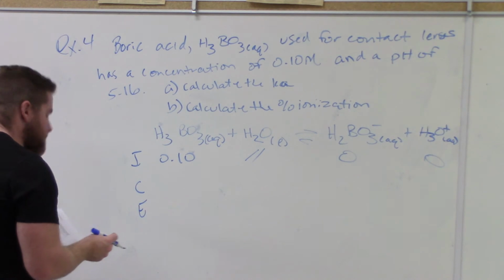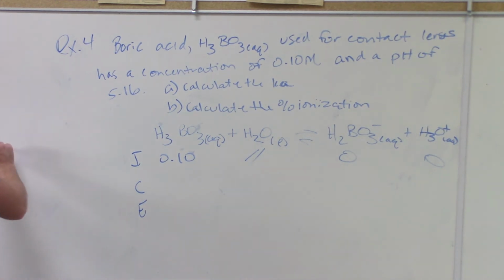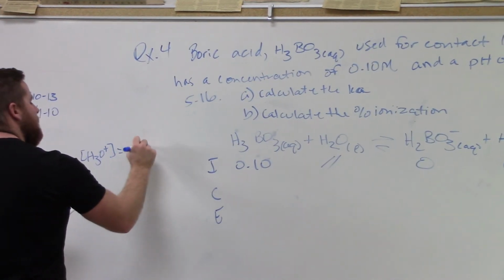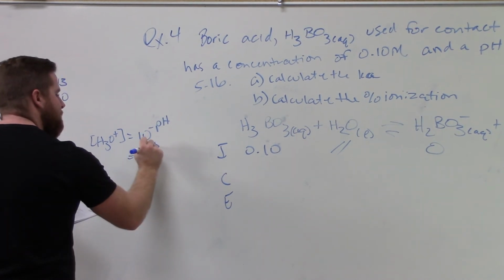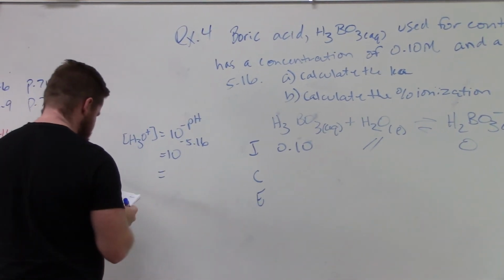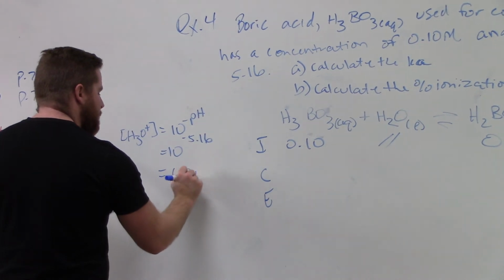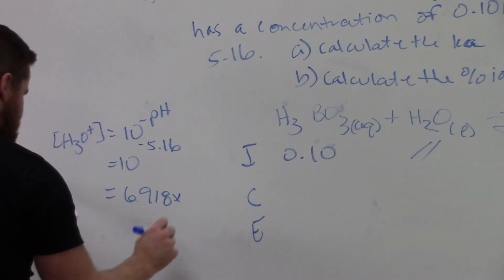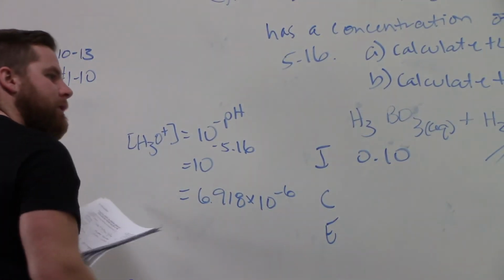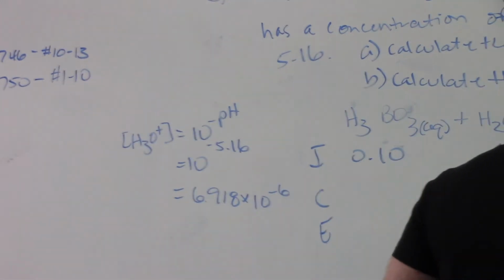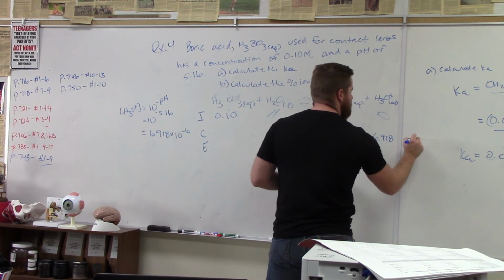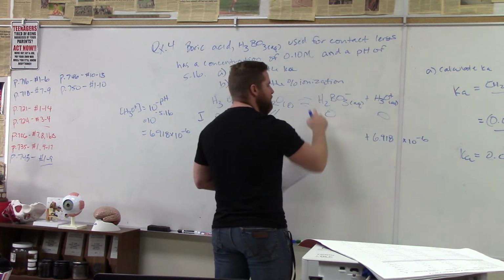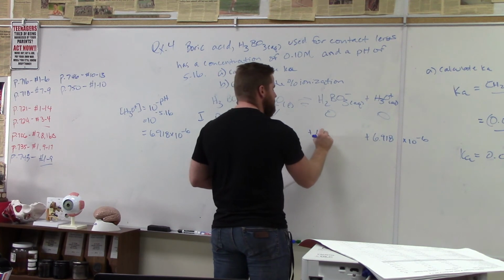All right, so let's solve for the concentration of hydronium. So concentration of hydronium equals 10 to the negative pH. So that's 10 to the negative 5.16. That equals 6.918 times 10 to the negative 6. All right, so that's going to be plus 6.918 times 10 to the negative 6. This is a 1-to-1 mole ratio, so this will increase by the same factor.